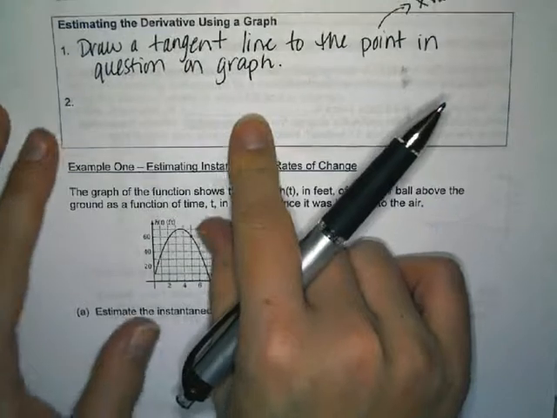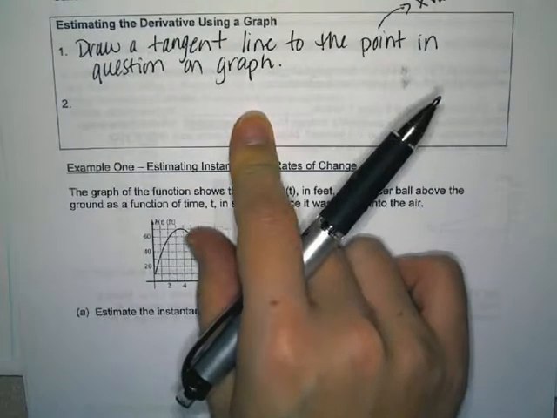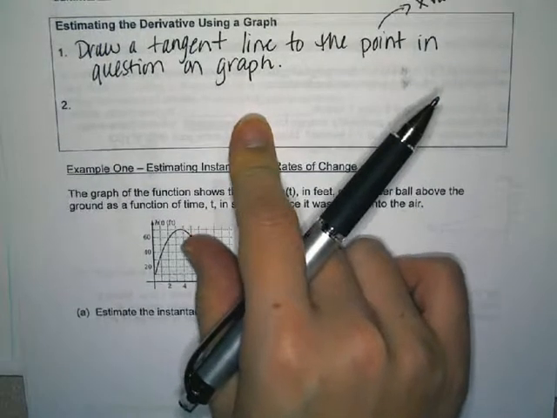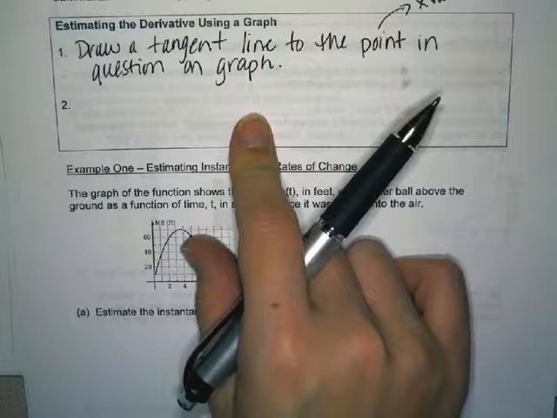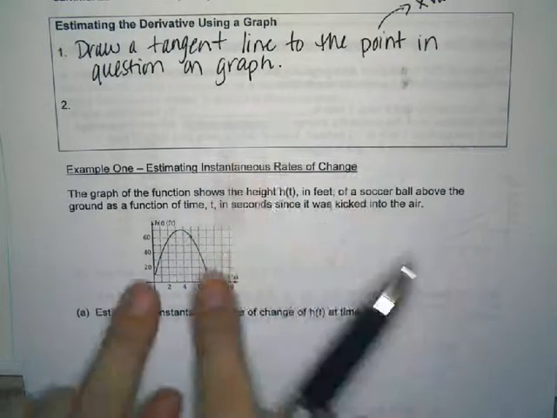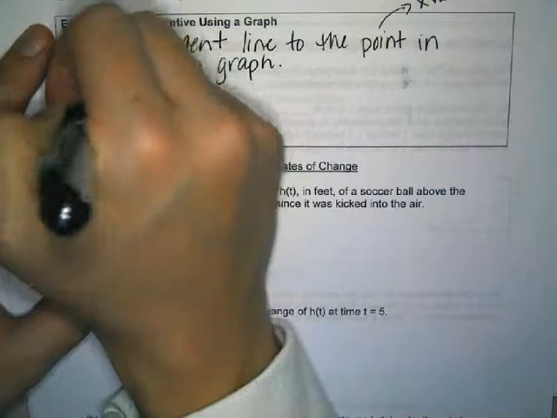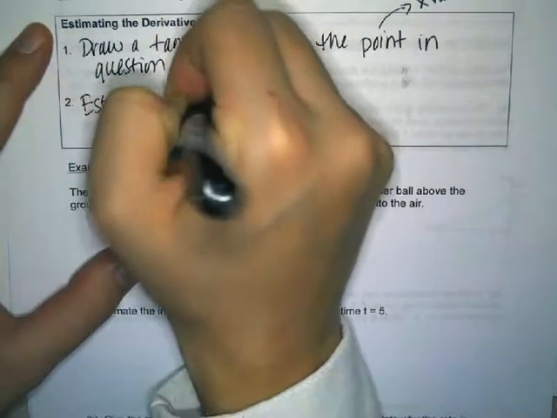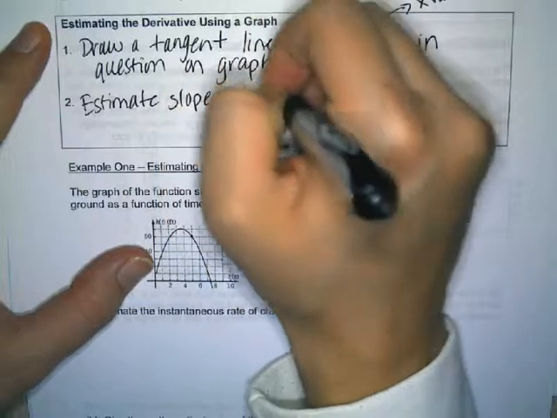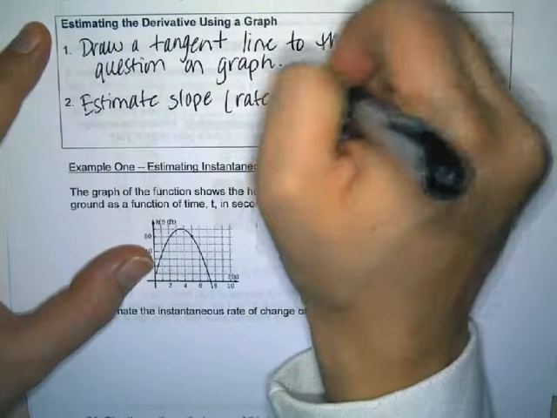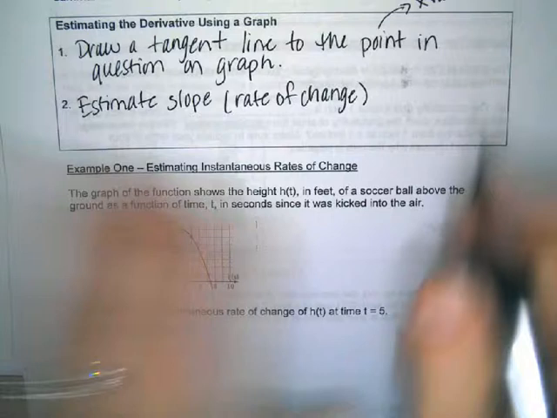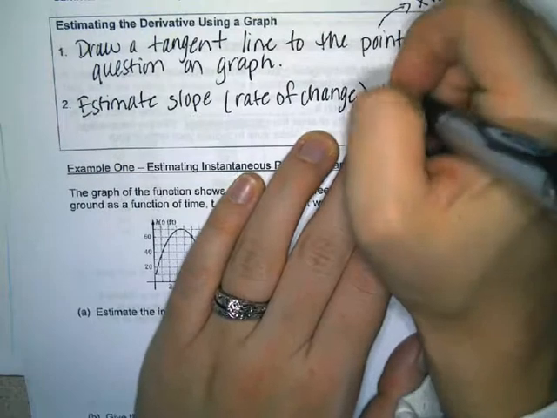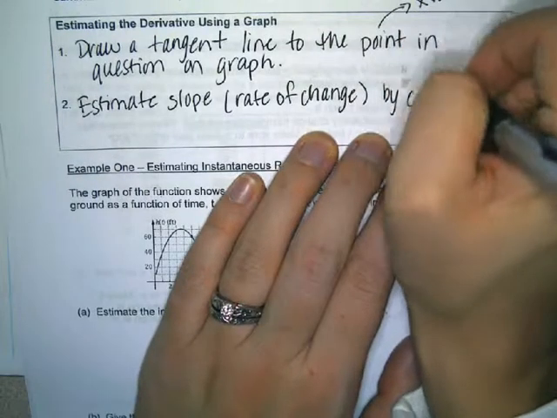Okay? So for example 1, this follows this type of information that would be given to you. You're given a graph that shows the height in feet of a soccer ball above the ground as a function of time since it was kicked into the air. Okay, so the soccer ball is kicked in the air, the height increases, and then slowly decreases until it hits the ground again. For A, we're supposed to estimate the instantaneous rate of change at time t equals 5.